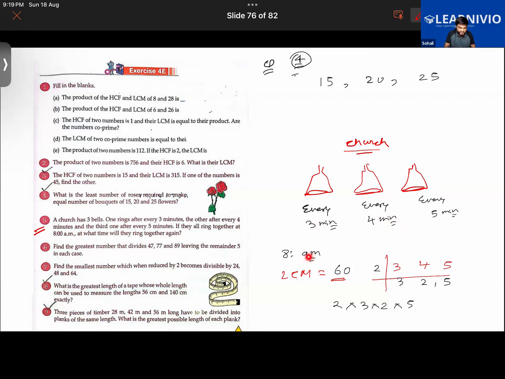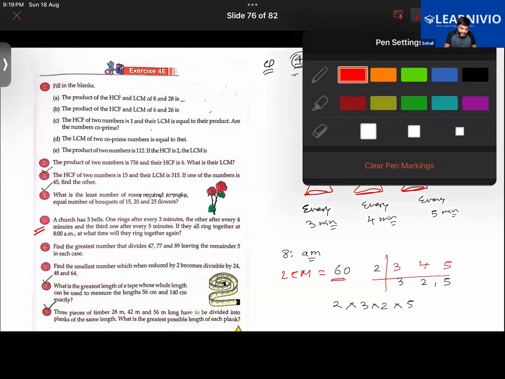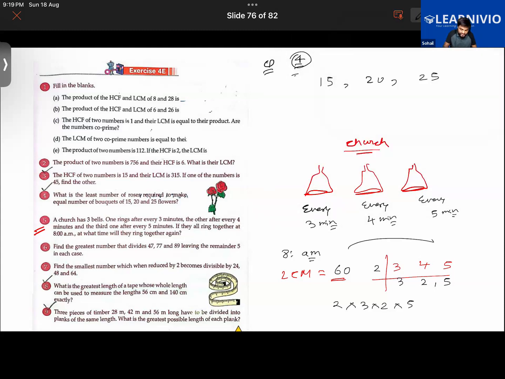The LCM of the numbers 3, 4, and 5, we have found to be 60 minutes. So these 3 bells will ring together every 60 minutes. Earlier they rang together at 8 a.m., so after 60 minutes, that is 9 a.m. After exactly 1 hour, they will be ringing together. Are you getting what we have done here?